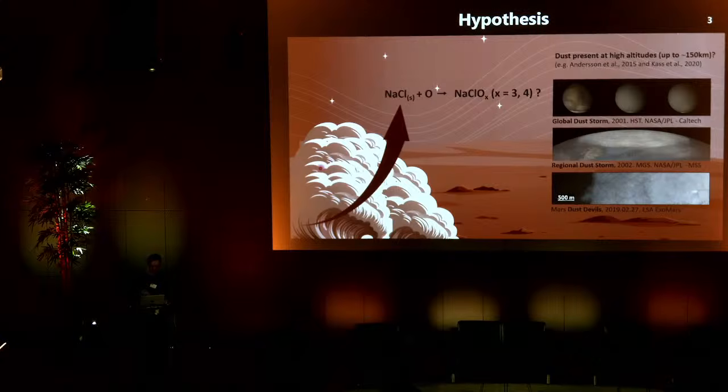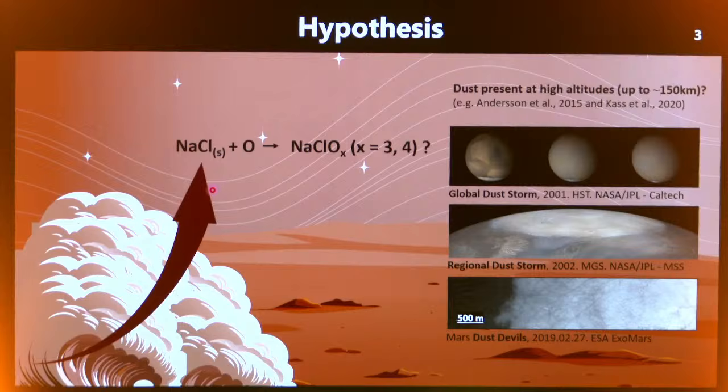We hypothesized that dust storms can play a role in the formation of oxychlorines. In this hypothesis, we think that regional dust storms or global dust storms can lift chloride minerals to the high portion of the atmosphere, where they could react with atomic oxygen.